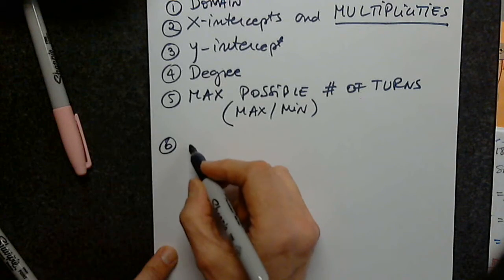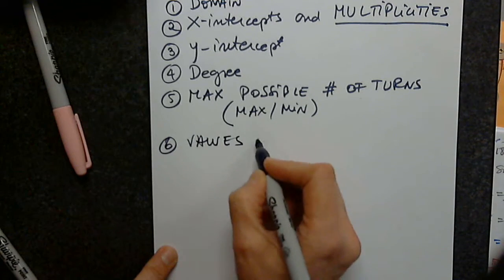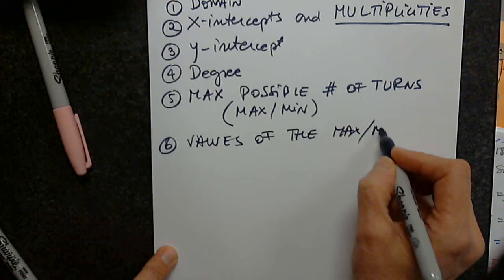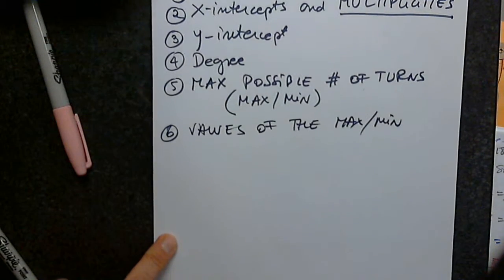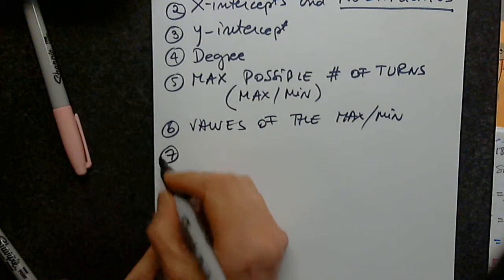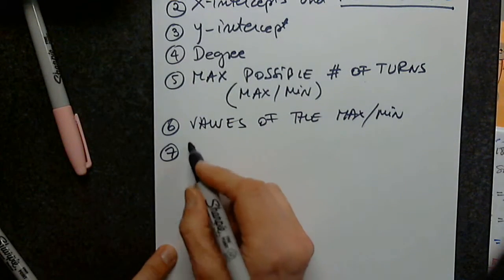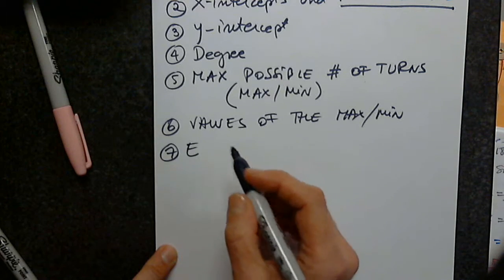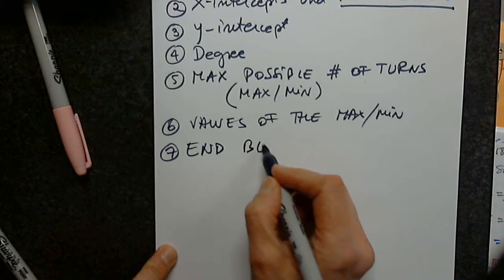6. Values of the max, min. 7. Something we've never talked about. We did, but I just didn't mention the name. End behavior.